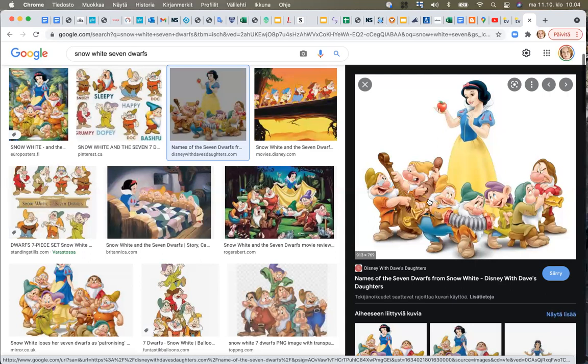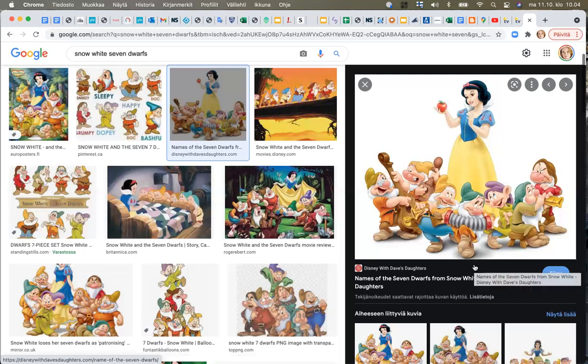So that's where the image of the dwarfs came from. That's the reason why the dwarfs here look old, but they are in a way childish. So that's not a very nice thing, by the way.